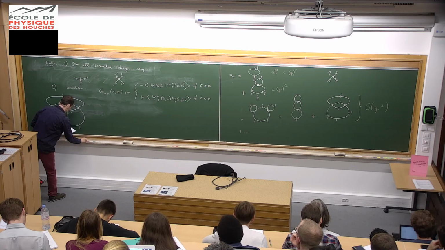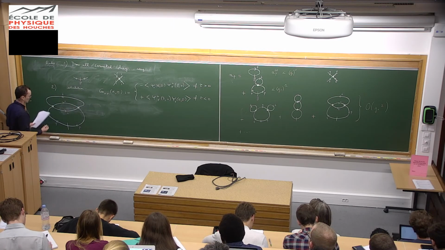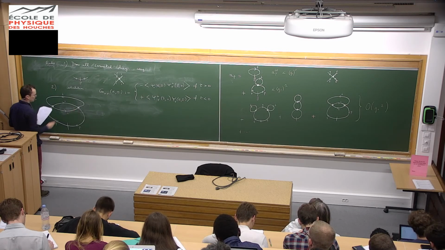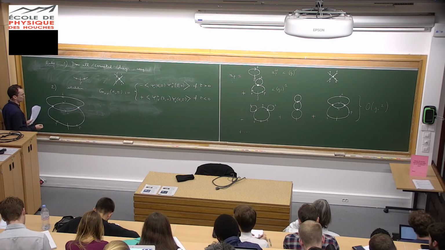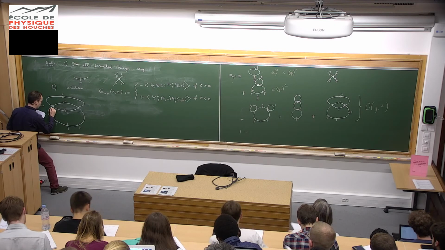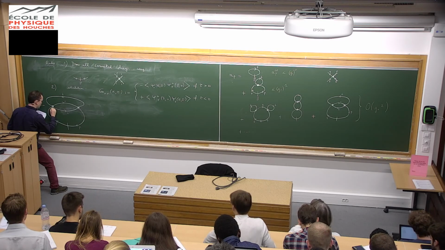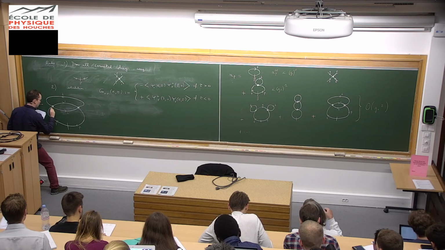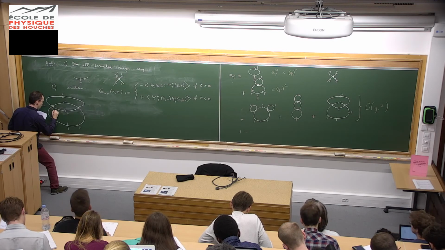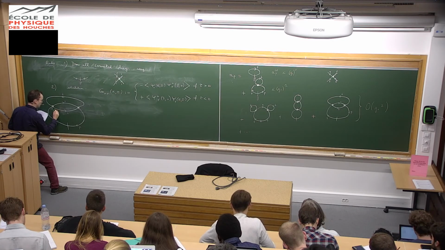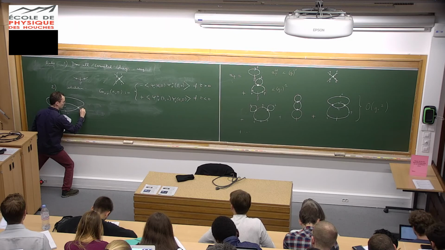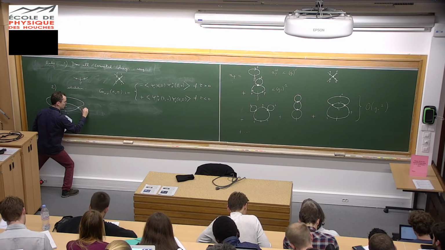So first of all, for each interaction vertex, you should introduce a position and a time. So for this vertex, let's say that this is vertex 1, so it will be r1 tau 1. And for this vertex, let's say it's vertex 2, so it will be r2 tau 2.